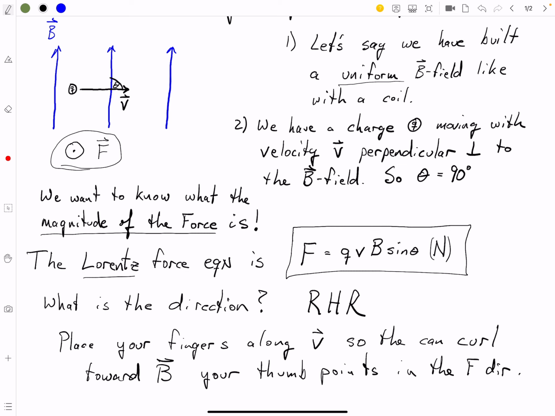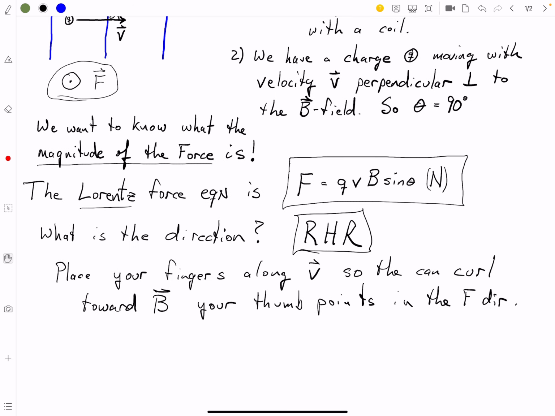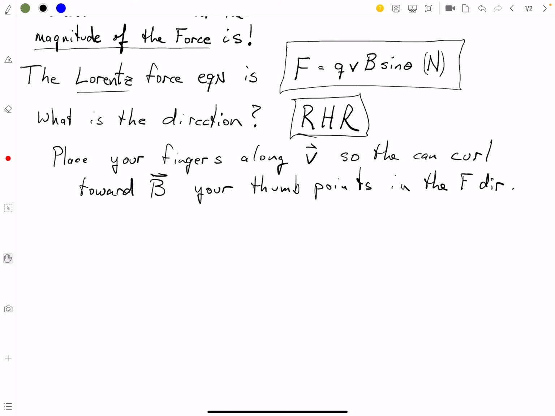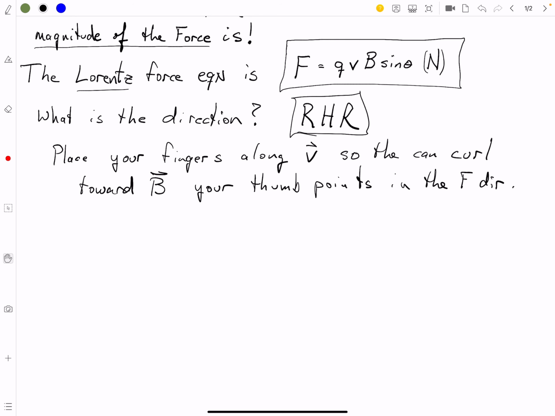So that's it. The right-hand rule comes to our rescue again. Either way, you can do it like the book does it. You can do it all kinds of different ways, but that works for you.